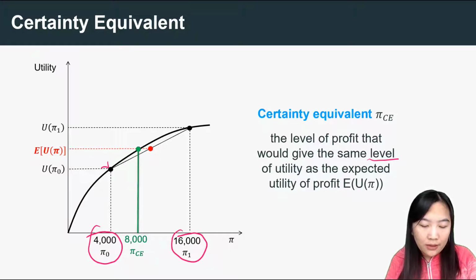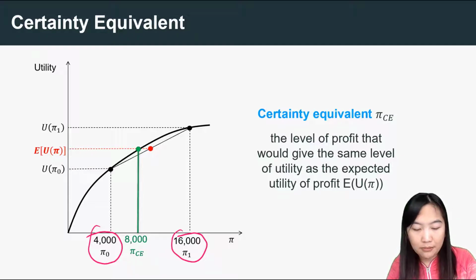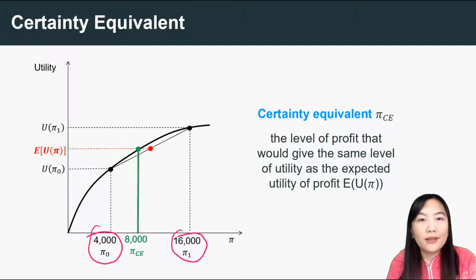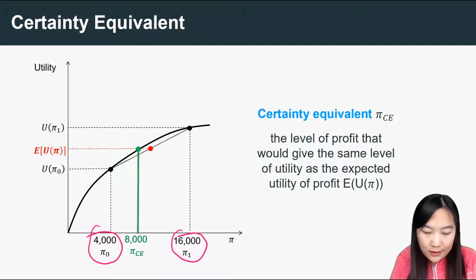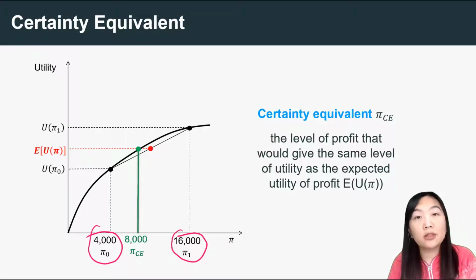Again, you can see that because the utility curve is not linear, it's nonlinear, this expected utility is not on the utility curve. I hope that's super clear. So the CE is where, if you go horizontally from this expected utility to the utility curve, there's a point here, the green point.